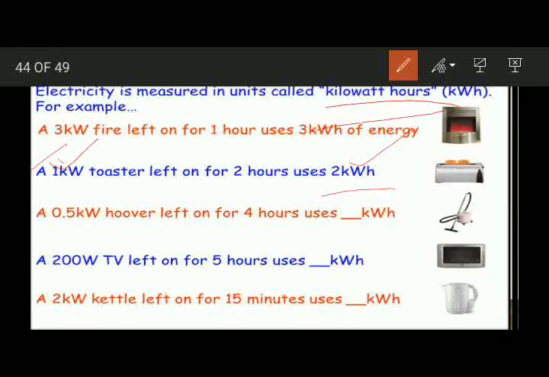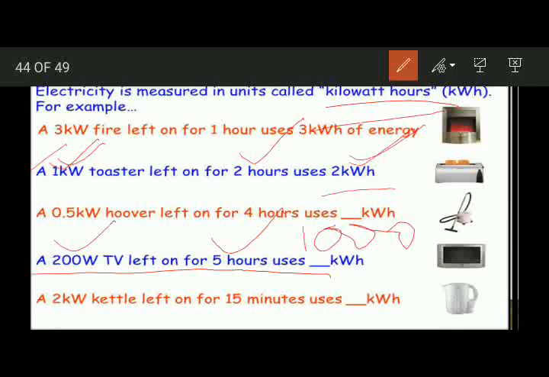Similarly, a 200 watt TV left on for 5 hours will consume 200 into 5, that is 1000 watt hours.